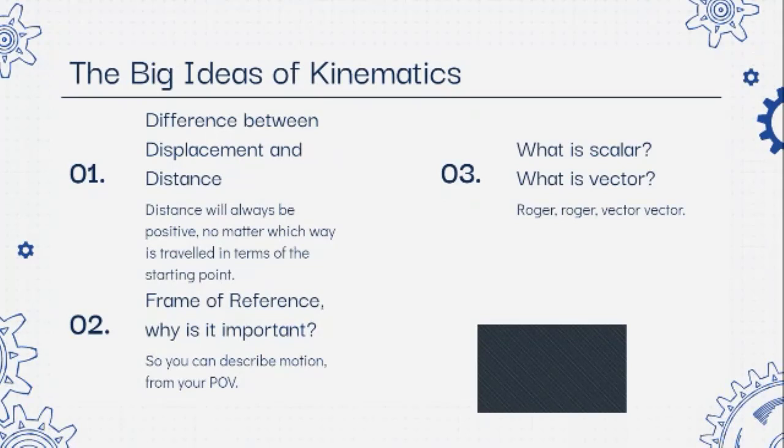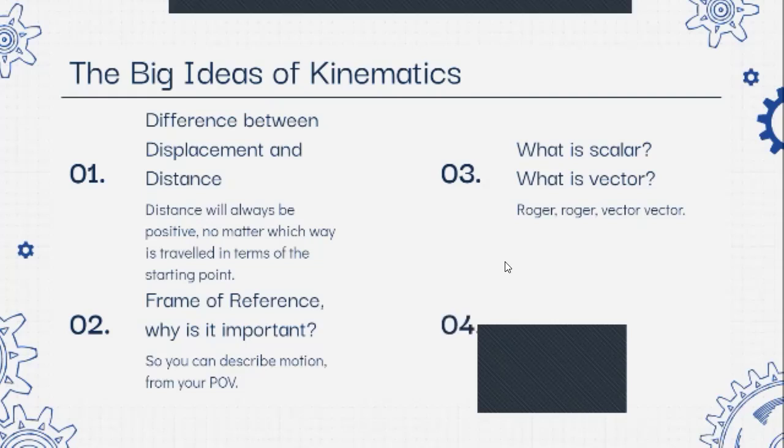So scalar would be speed, vector would be velocity. Speed is like a speedometer: it doesn't tell you what way you're going, it just tells you how fast you're going. A vector is the magnitude, whatever your speed is, but also the direction that you're traveling. That's the difference between scalar and vector.